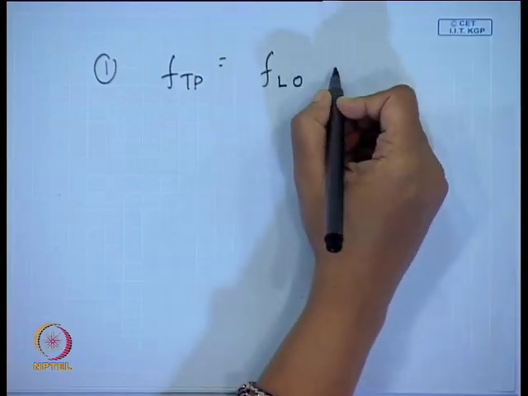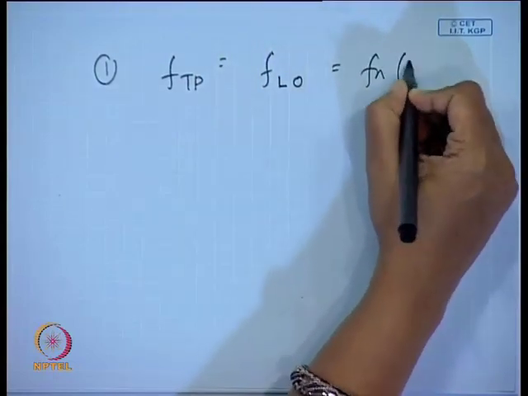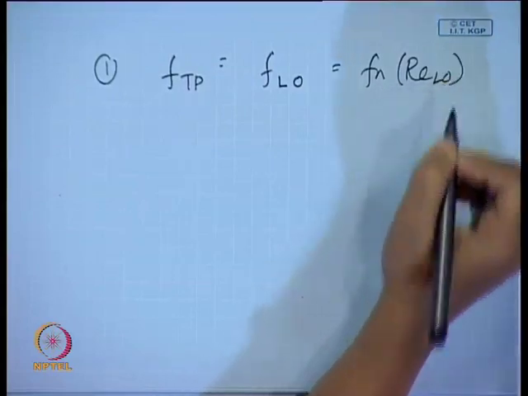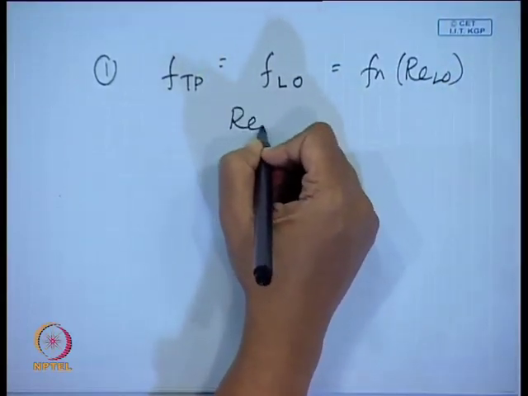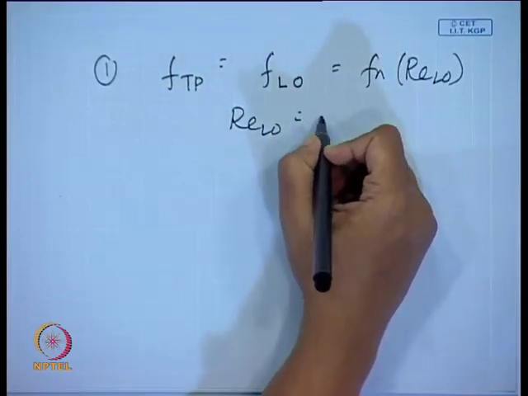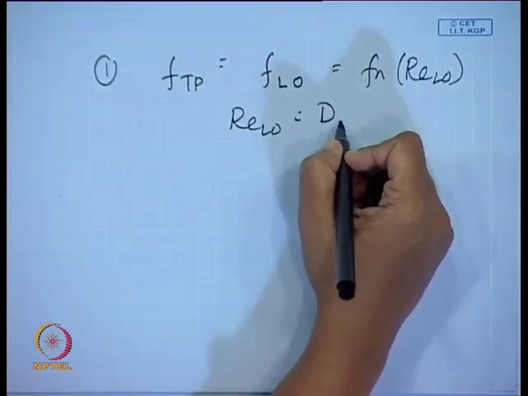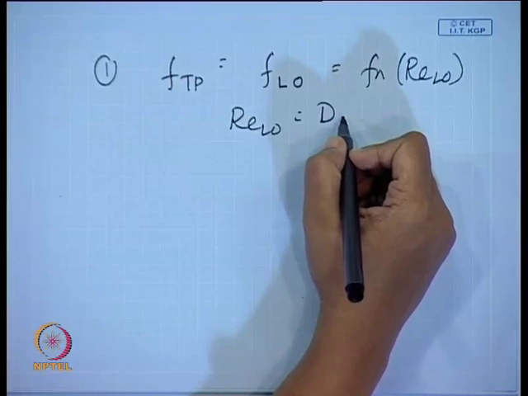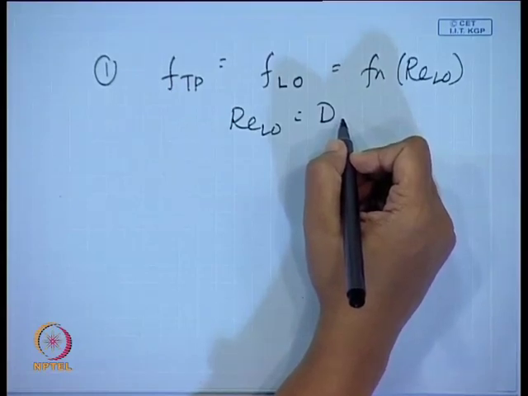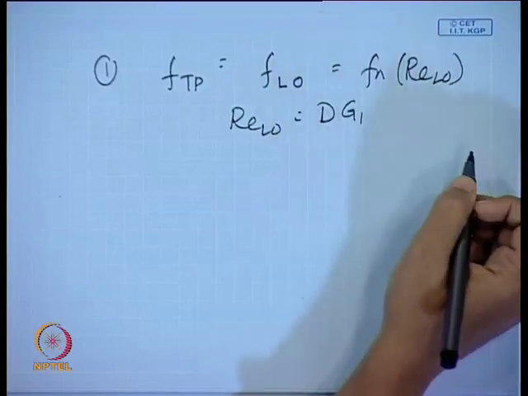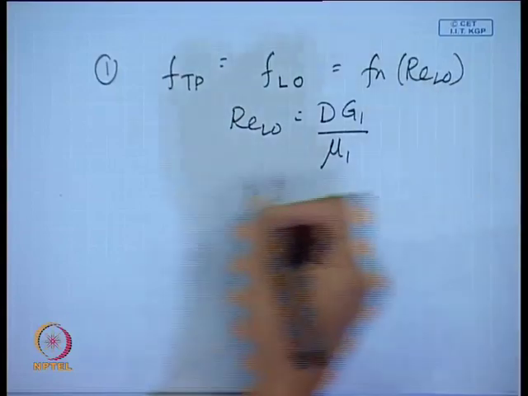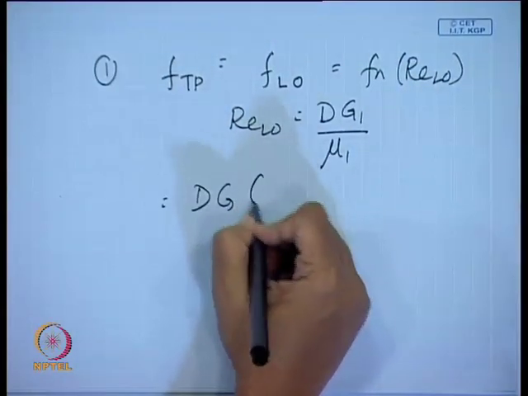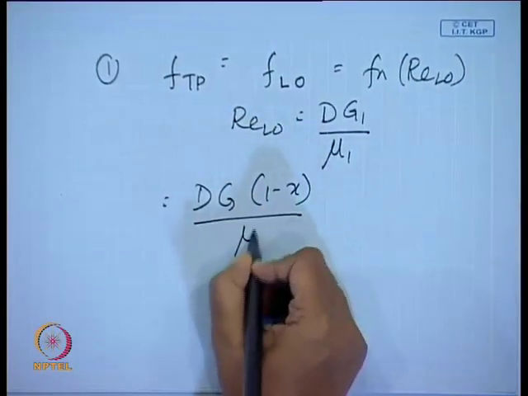So this FLO, what is it? It is a function of RELO. What is this RELO? This is nothing but D times the mass flux of the liquid phase only, that means G1, divided by mu 1, or in other words, dG into (1 minus x) by mu 1.